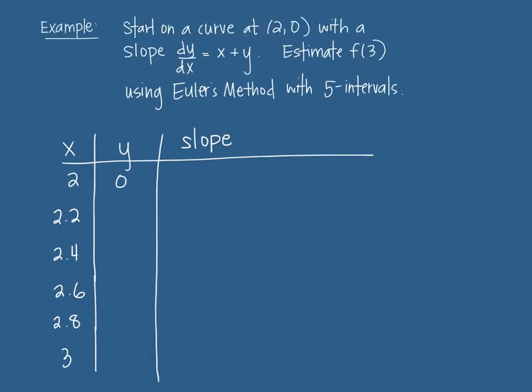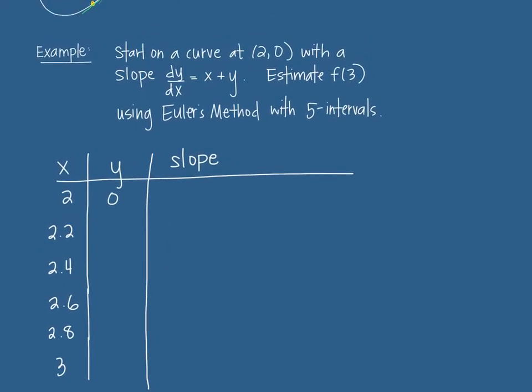Let's figure out what our slope is for starters. The slope is the derivative x plus y. We've got x and we've got y, so what's our slope going to be? 2. We want to take the delta x, which is how far we're going to move, 0.2, and multiply it by dy/dx, the slope itself.